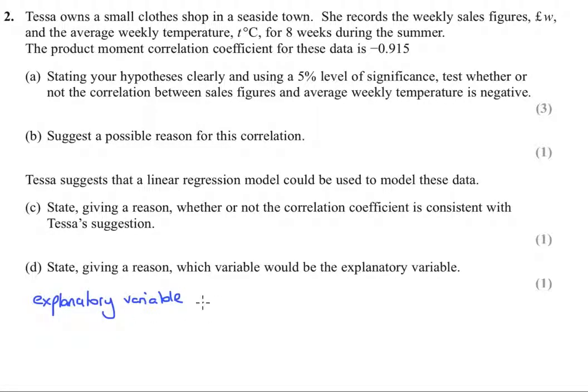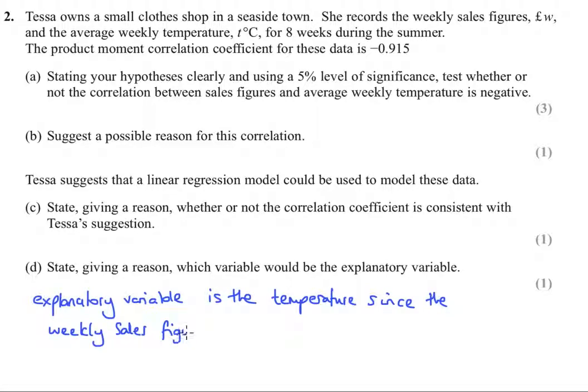So the explanatory variable is the temperature, and you had to give a reason to get the mark for this. Since the weekly sales figures depend on the temperature.